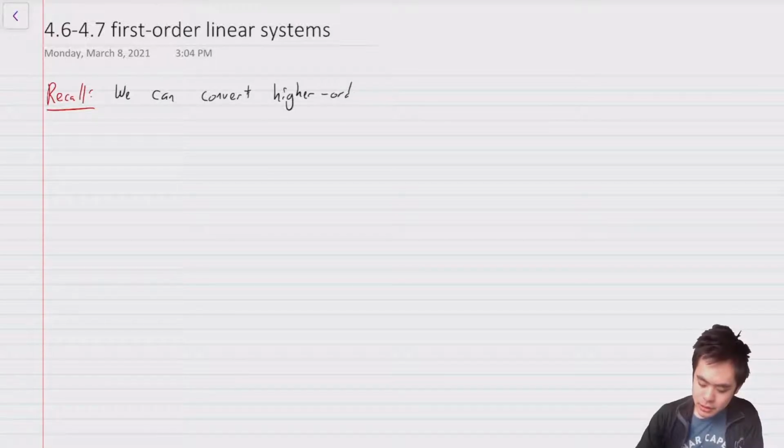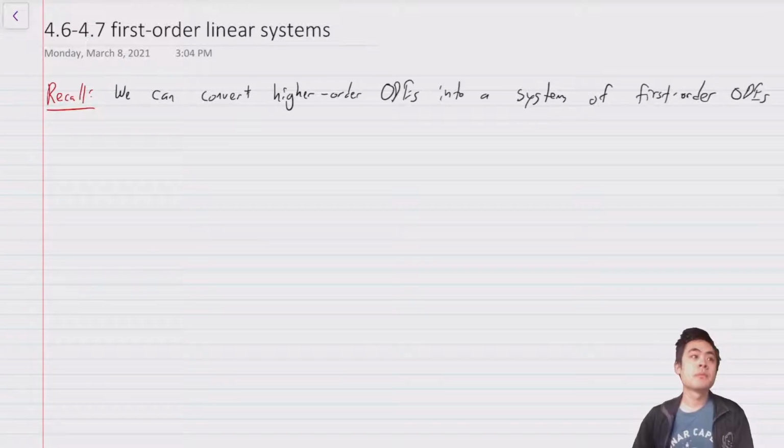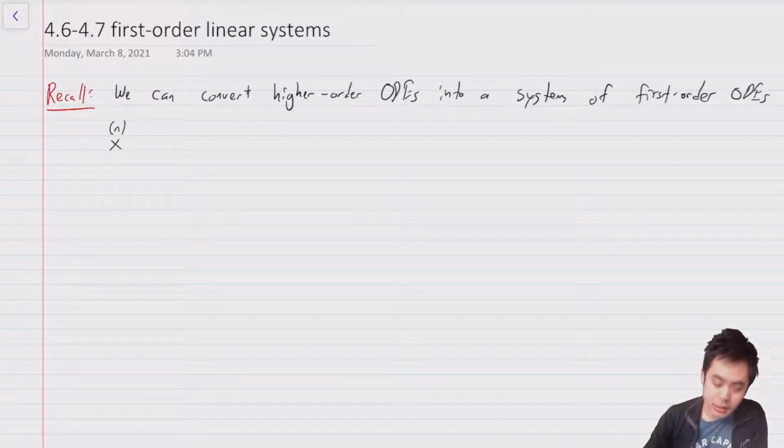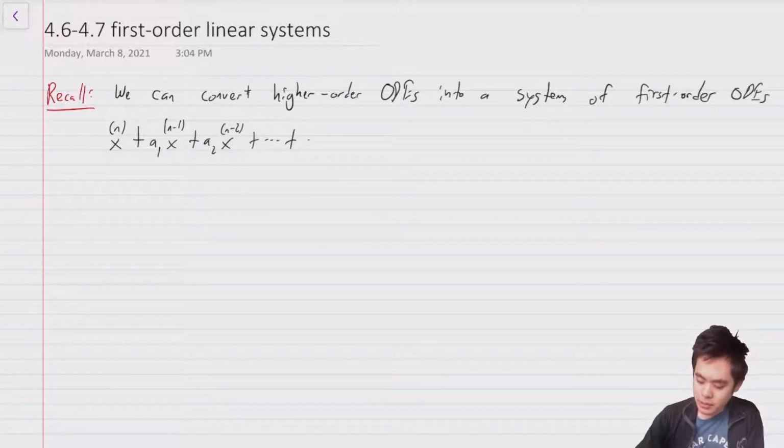If we start with the nth derivative of x plus a1 times the (n-1)th derivative of x, plus a2 times the (n-2)th derivative of x, all the way through a(n-1) x dot, plus a n x is equal to g of t.